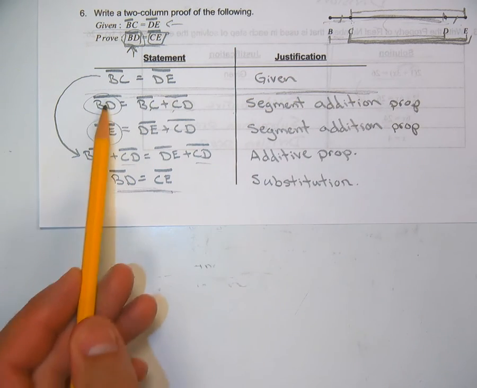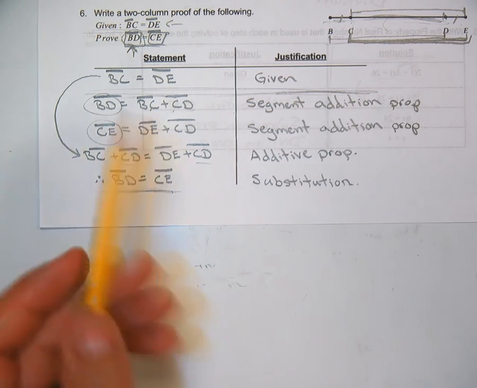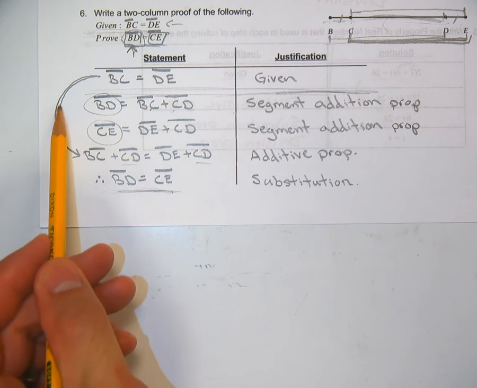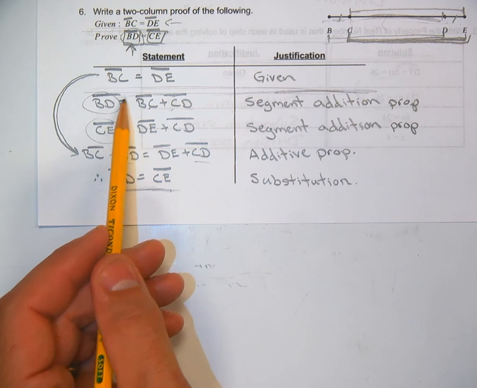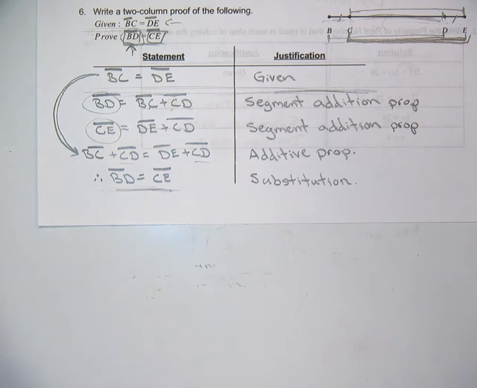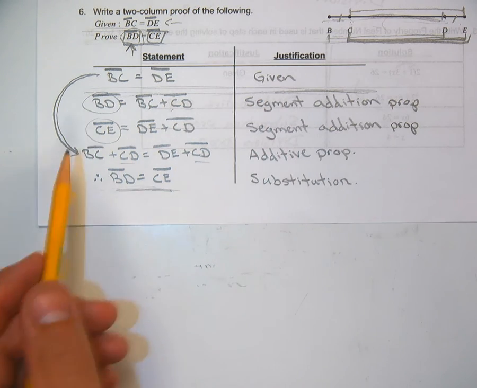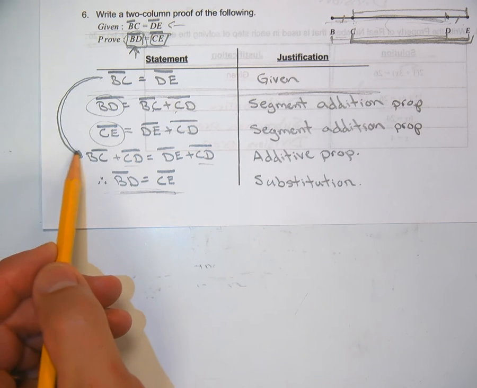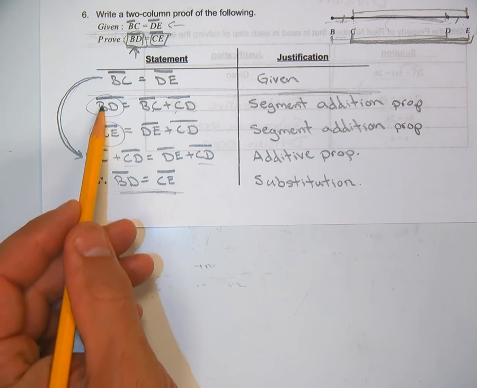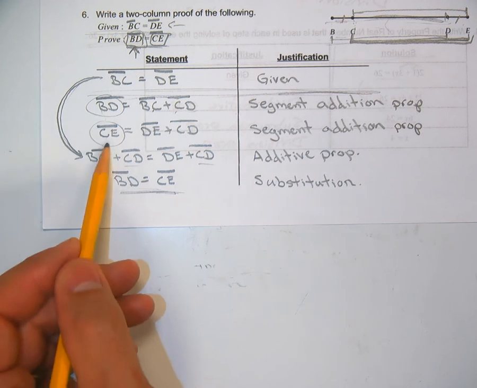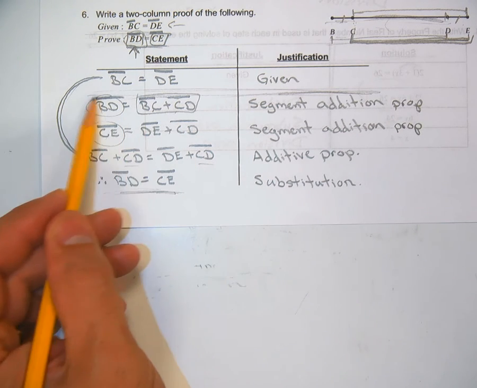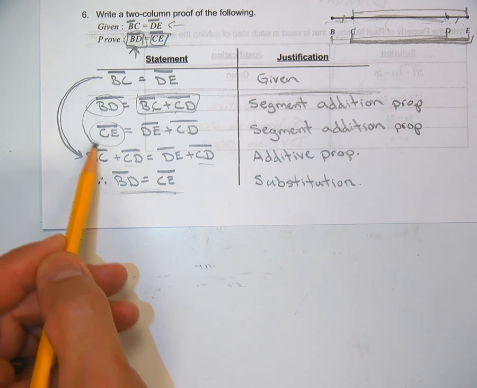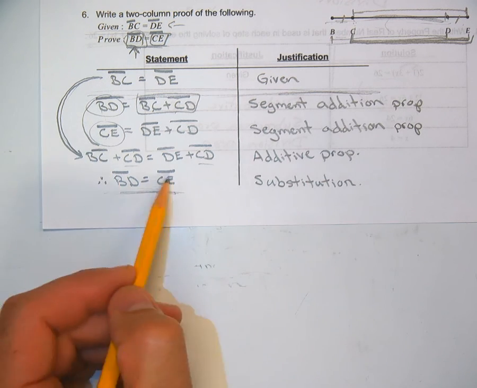Now that I have the two desired pieces, I can take the original statement that BC equals DE and simply substitute. I need to make it so that BC plus CD, this part right here, I've got to get this down here, right? I need to set these two things equal.